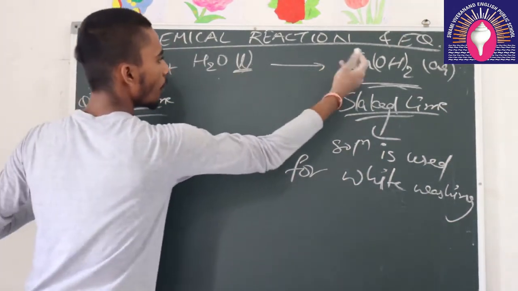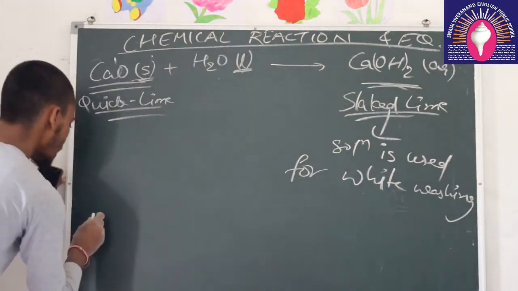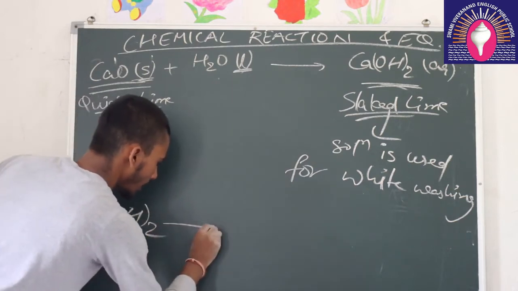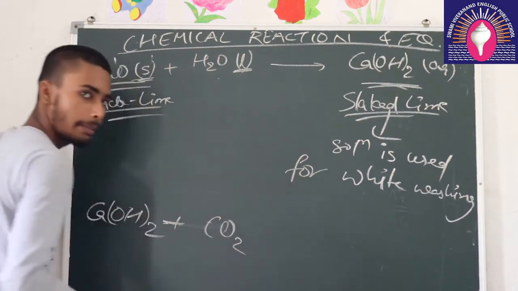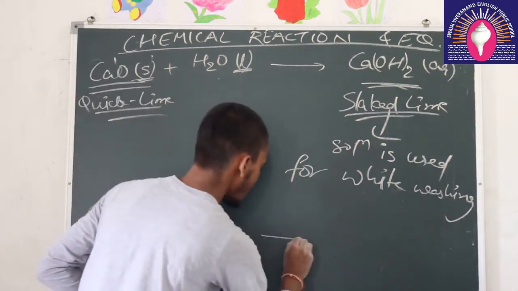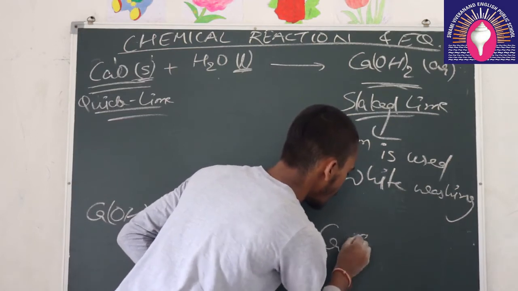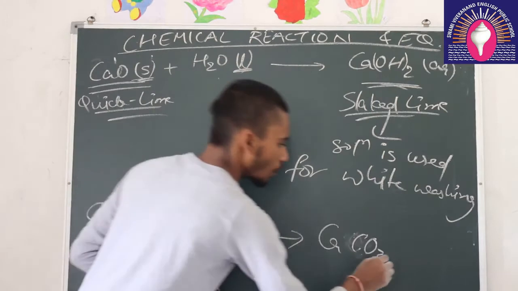When Ca(OH)2, slaked lime, is painted on our walls, it reacts with carbon dioxide present in our air to give CaCO3 plus H2O.